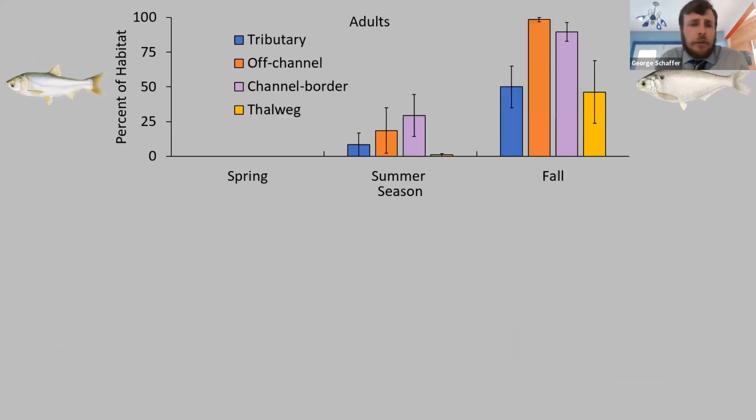So then we also want to see which habitat types allowed for the highest amount of spatial overlap. So the same color scheme is from a few slides ago, with the same grouping of seasons. So what we see for the adults, the habitat types that allowed for the highest spatial overlap were off-channel and channel border habitats, with the thalweg being the lowest.